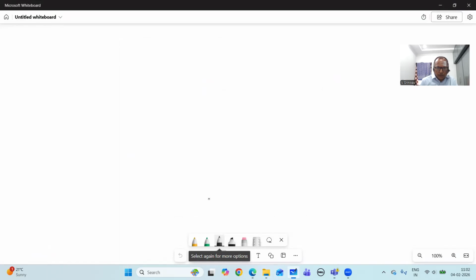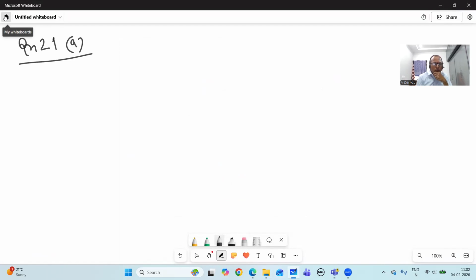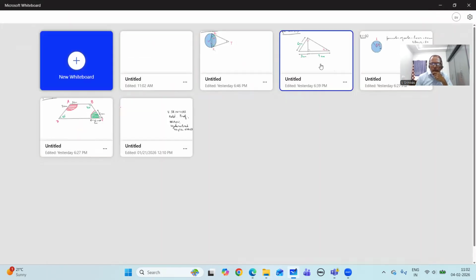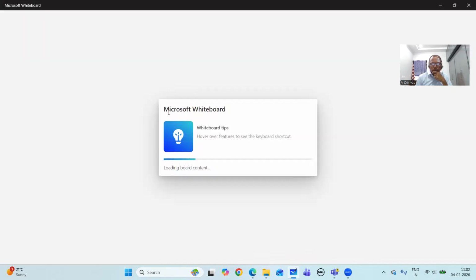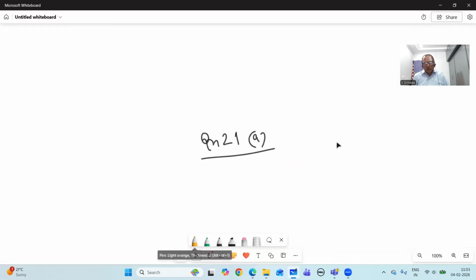So this is question 21, part A. So radius is 15 centimeters.